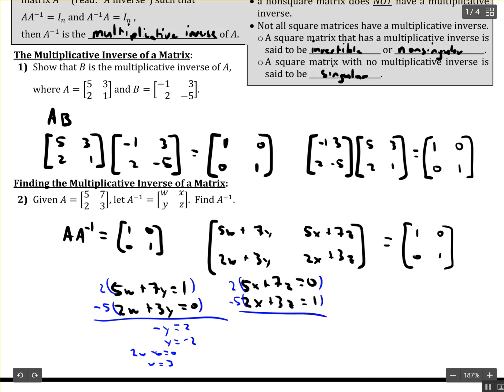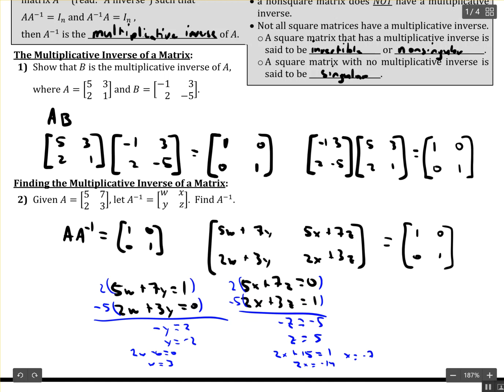When I do that, the x's cancel, so I get 14z minus 15z, which gives me negative z. I get 2 times 0 equals negative 5, so z equals 5. And then plug it back in, I get 2x plus 15 equals 1. 2x equals negative 14, so I get x equals negative 7.